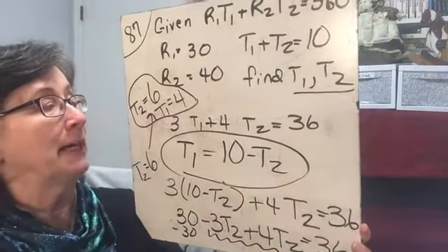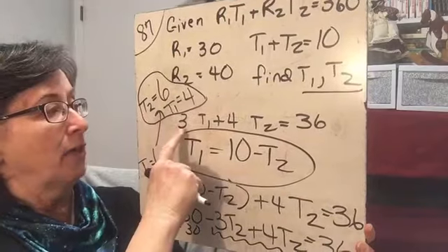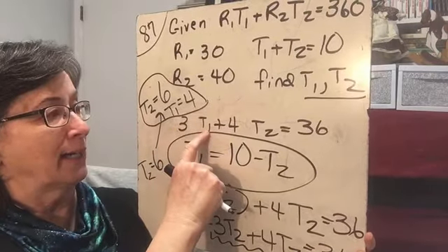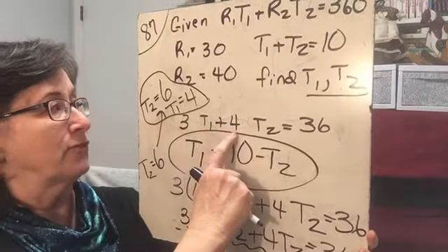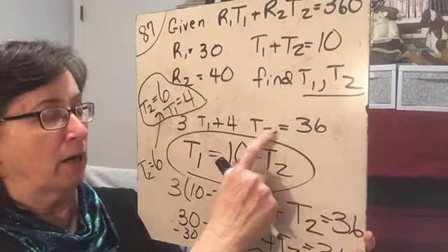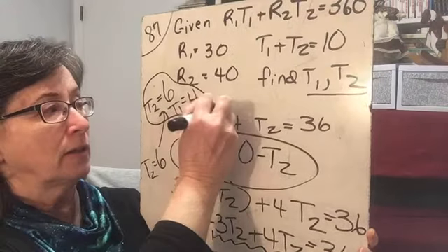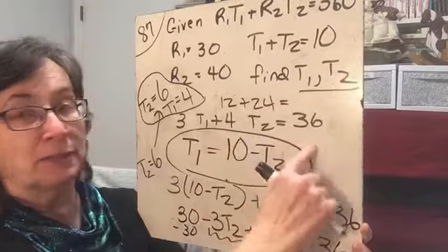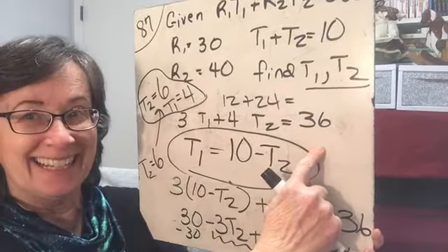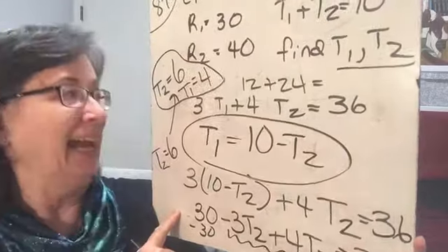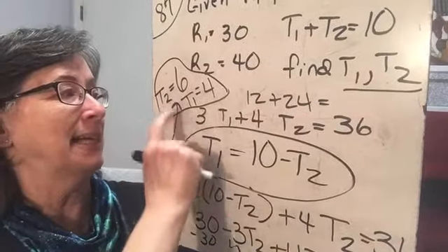Is 3T1, so that's 3 times 4 is 12, plus 4 times T2, and 4 times 6 is 24. So 12 plus 24, is that equal to 36? And it is. And so we have solved several different ways, and we know that T2 is 6 and T1 is 4.